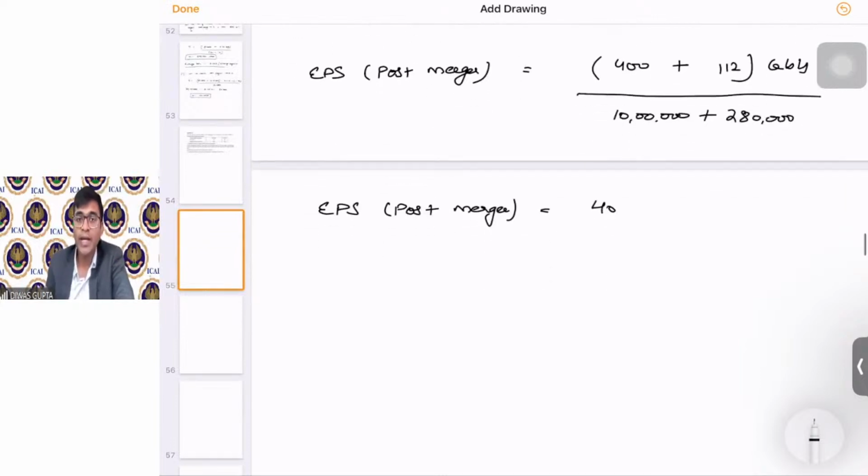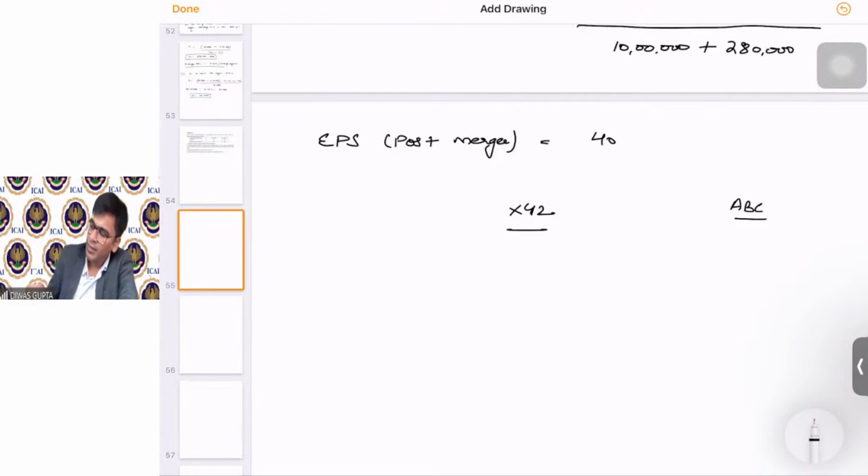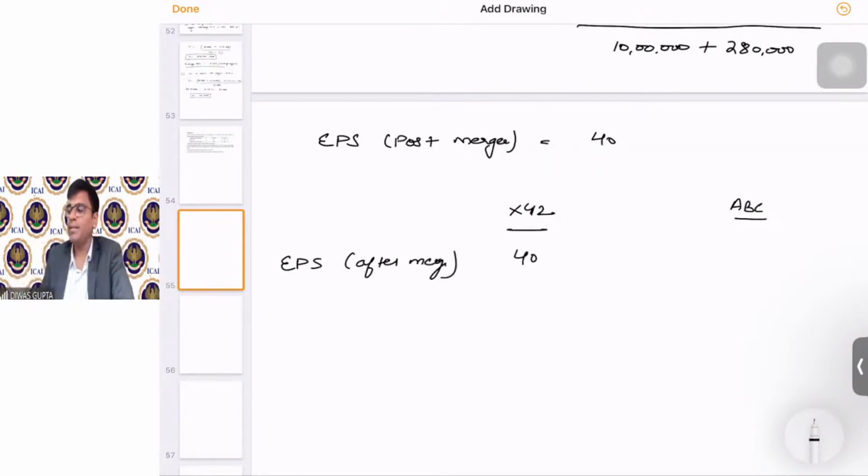So let's do the analysis of the impact on EPS for both XYZ and ABC. So EPS after merger for XYZ, the ratio will always be 1:1, right? But for ABC, it is going to be 40 into 0.70, which is 0.70 is to 1. So this becomes 28.